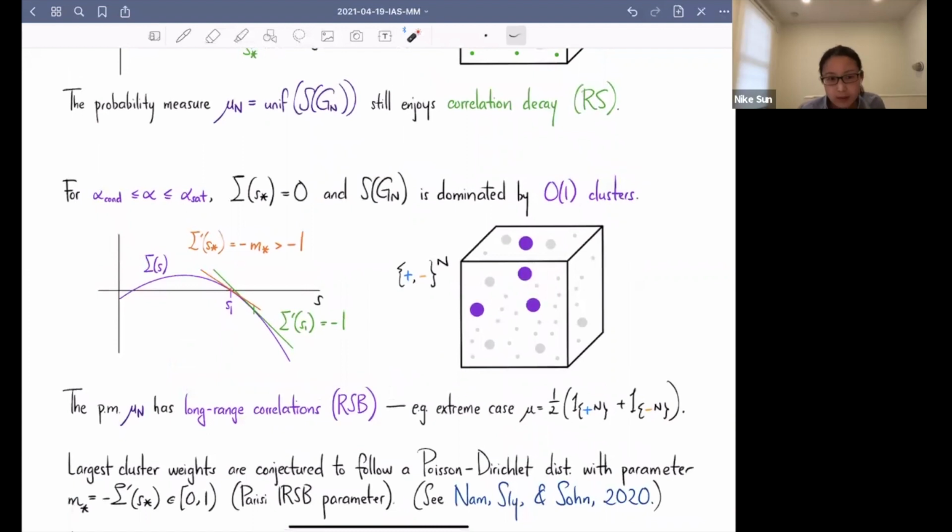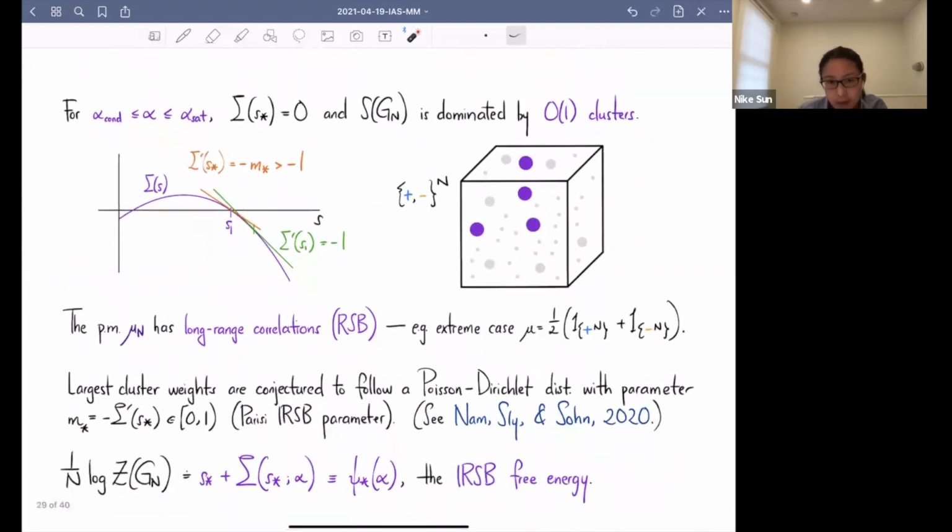There's quite a precise picture: it's believed that the largest cluster weights follow a Poisson-Dirichlet distribution, and even the distribution is specified. It has a parameter m star, which corresponds to the slope at this largest point. This is called the Parisi 1RSV parameter, and there are some results on this in a recent paper.